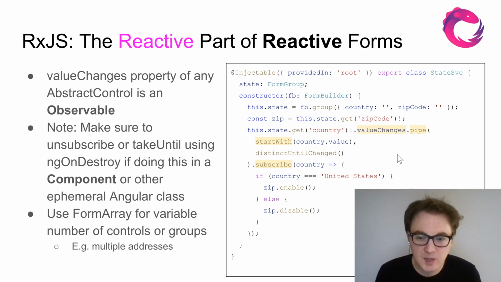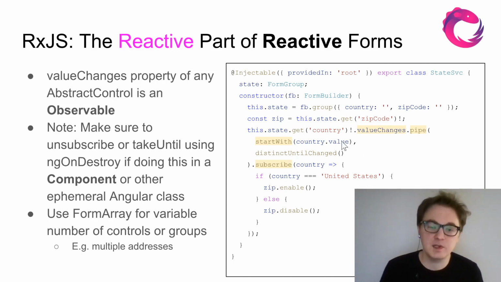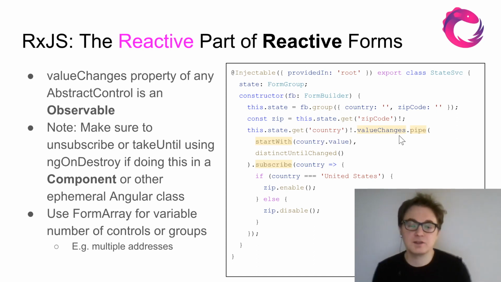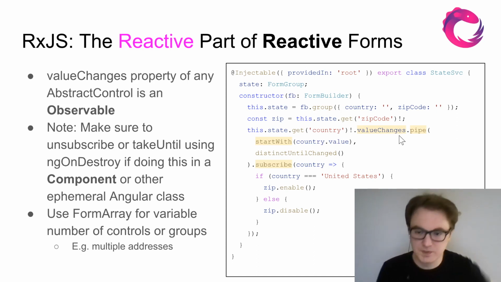And then I'm setting up an observable here. So I'm getting the country control, and then I am asserting that this will not be null, since I know country exists on the group. And then I am getting the valueChanges from that control, which of course is an observable. And then I pipe off of it with 2 operators.